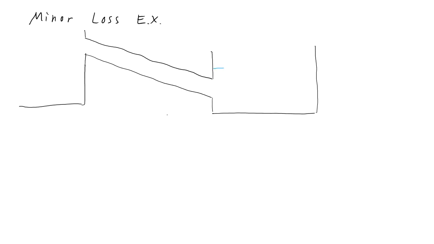Let's just say the reservoir on the right is at a lower height than the reservoir on the left, and those are our free surfaces. So of course your flow is going to tend to go this way.